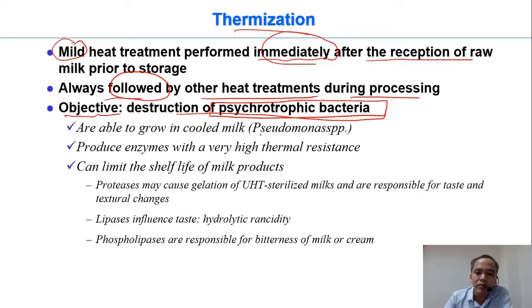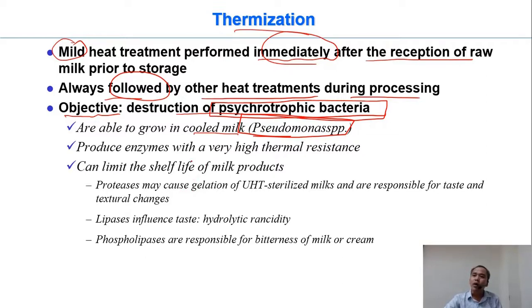The typical group of this one is Pseudomonas species. So a typical candidate of psychrotrophic bacteria is Pseudomonas. This is a spoilage bacteria in milk. This one is able to grow in cooled milk, as we already mentioned. The bacteria is not heat resistant, okay?